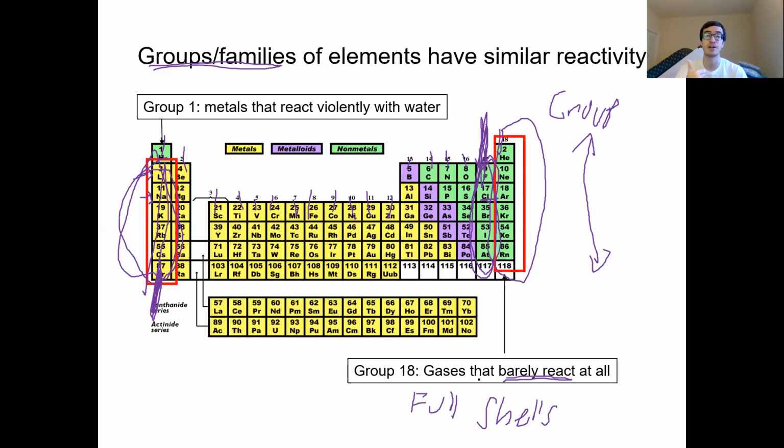They have all the electrons in their outer shells, so they don't really care about reacting with any of the other elements. They're just going to stay full of electrons and not do any reactions with anybody else. So if you have very few or almost full outer shells, then you're going to be extremely reactive. But when you get to group 18 over here, your outer shell is completely full, so you are very, very non-reactive.